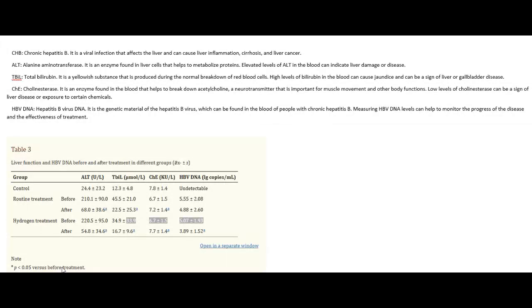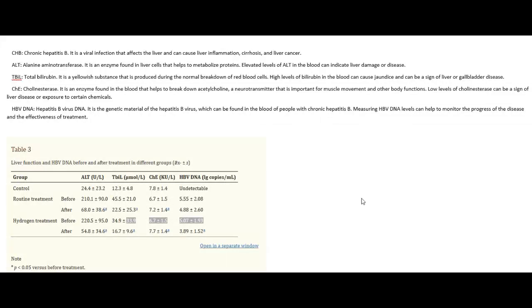Yeah. But what I wrote down about bilirubin is that it's a yellowish substance that is produced during the normal breakdown of red blood cells. High levels of bilirubin in the blood can cause jaundice and can be a sign of liver or gallbladder disease. Oh, I guess I was wrong about that.